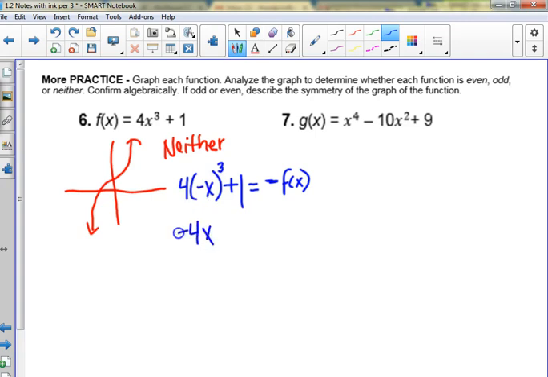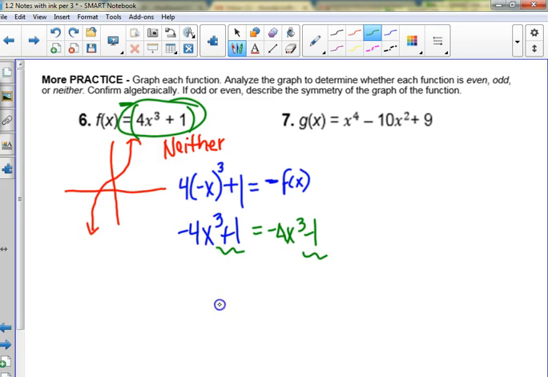So I have -4x cubed plus 1. But the opposite of this original function would have been -4x cubed minus 1, yes? I said to take all of this and do the opposite. So these are not equal, so it's neither.